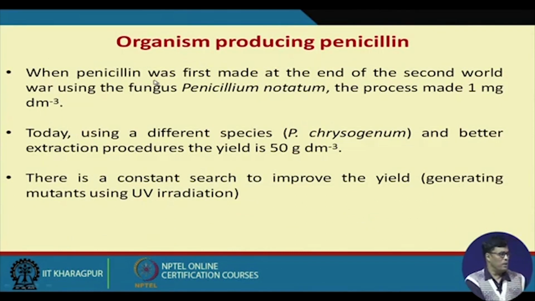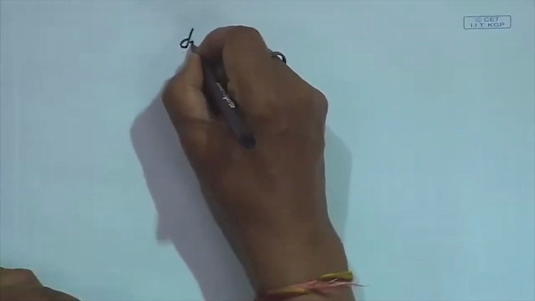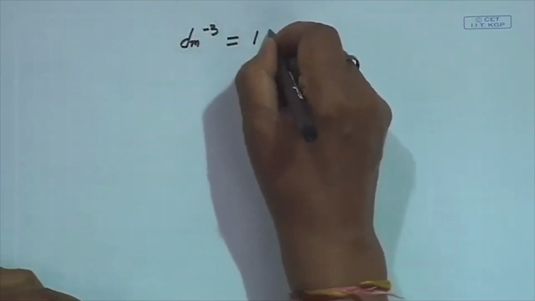Now, when penicillin was first made at the end of the Second World War using Penicillium notatum, the process made 1 milligram per decimeter cubed. One decimeter cubed is equivalent to 1 liter.